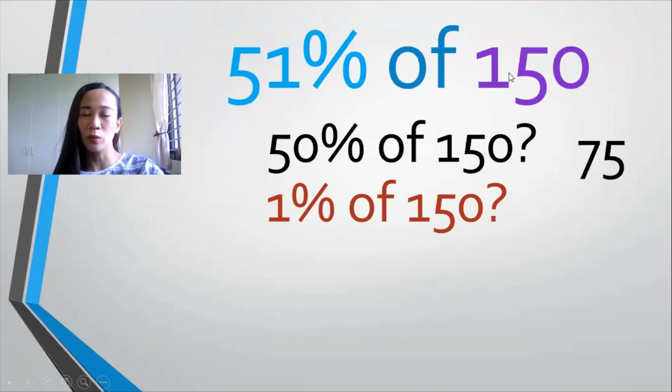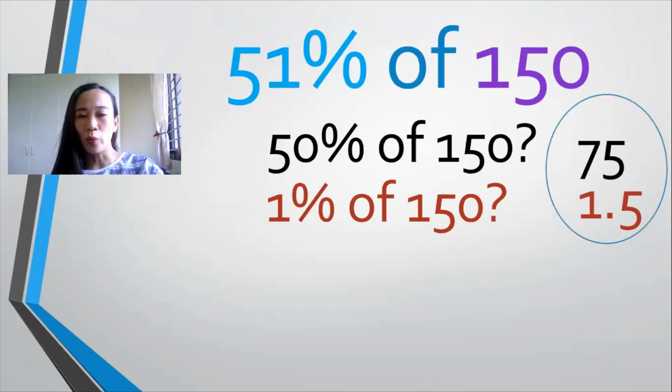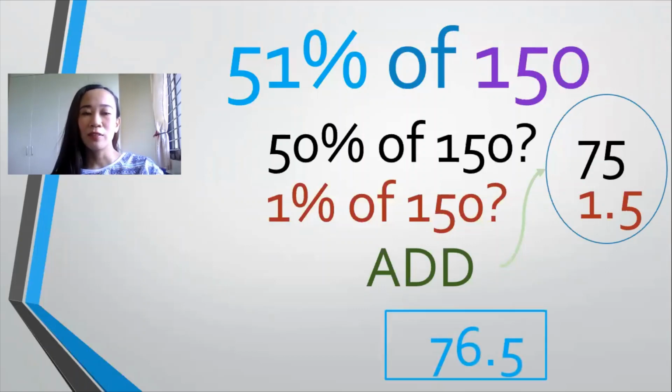So we will have 1.5 as our 1%. So all we have to do now is to add 75 and 1.5 so that we will get the 51% of 150, and our answer is 76.5.